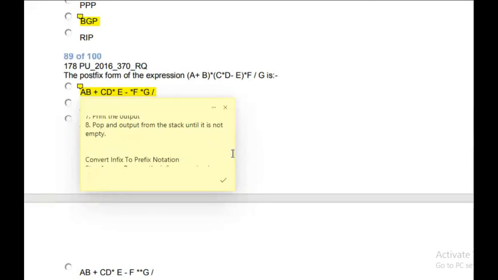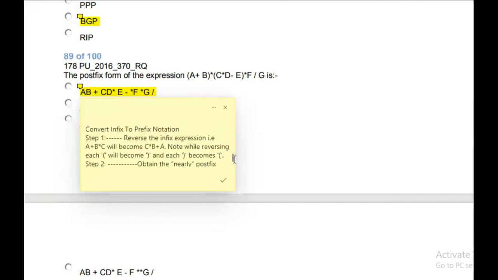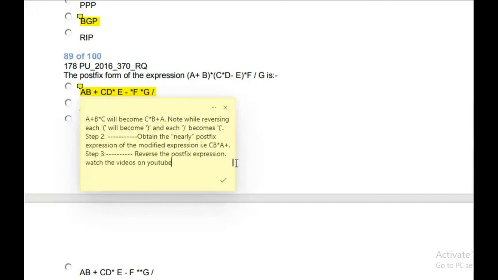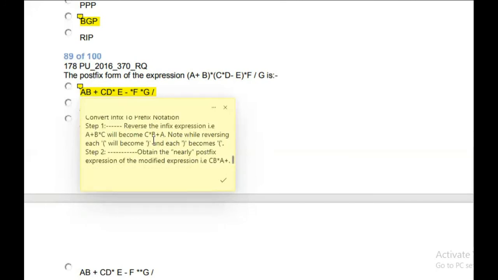So, conversion of infix to prefix notation. Next one is infix to prefix notation. Step 1: reverse the infix expression, that is, a plus b star c will become c star b plus a. Just reverse the infix expression.